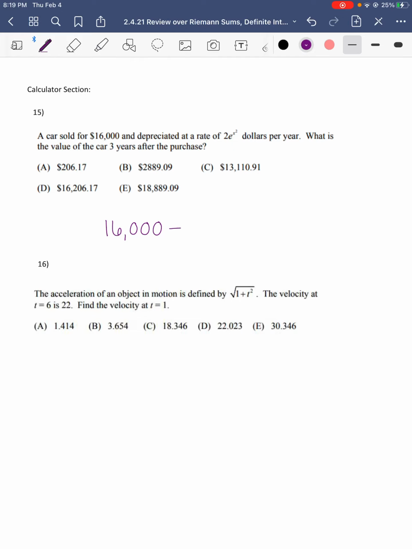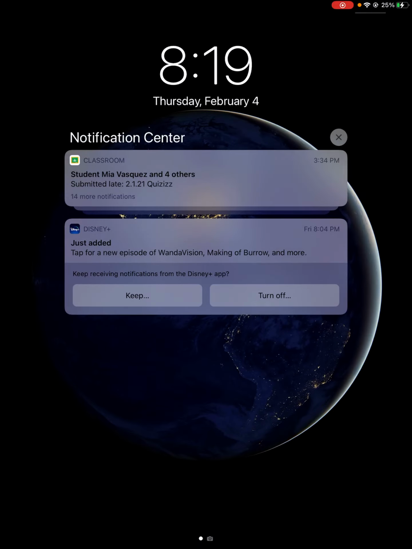Depreciating means it's going down. And then we're going to take the integral from 0 years to 3 years of 2e to the power of x squared dx. So what I need is Desmos now to figure out what that integral would equal so we can find our answer.